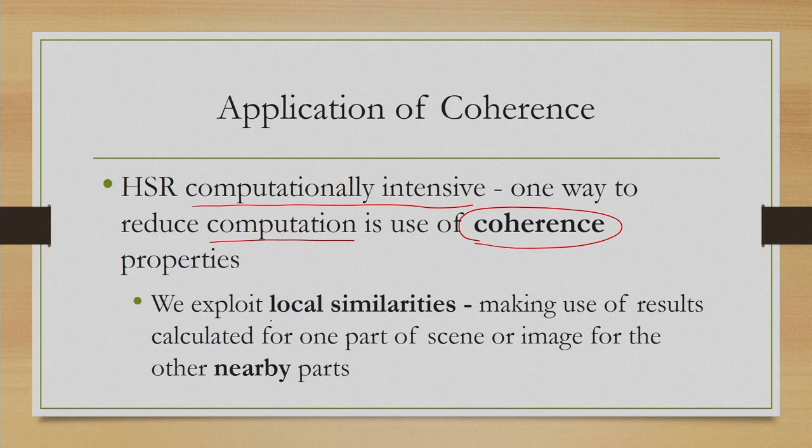So, essentially we exploit local similarities. That means, making use of results that we have calculated for one part of a scene or an image for the other nearby parts. So, we perform computation for one part and use the result for other part without repeating the same computation, and in that way we reduce some amount of computation.